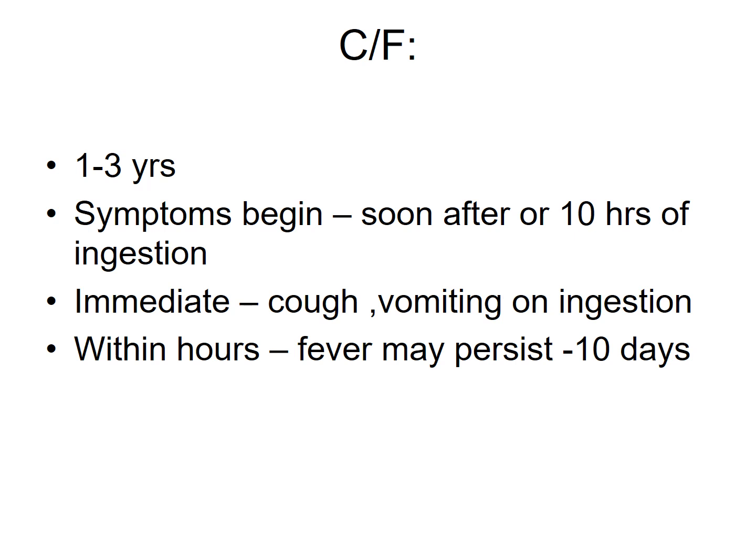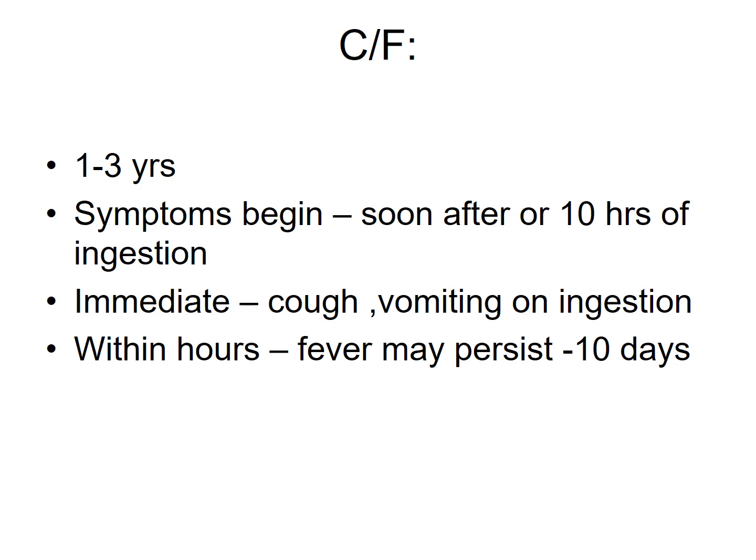Now come to clinical features. The commonest age group for kerosene poisoning is toddlers, 1 to 3 years. Age 2 years is very important because this is the time when the child requires maximum attention. If you don't watch the child properly at this time, they happen to drink this kerosene if it is put in simple soft drink bottles.